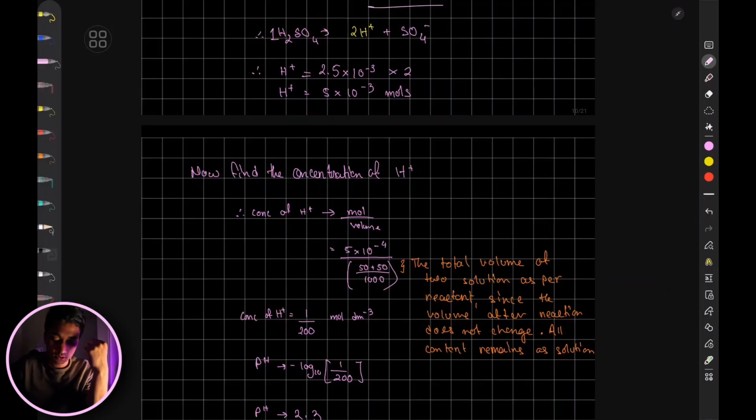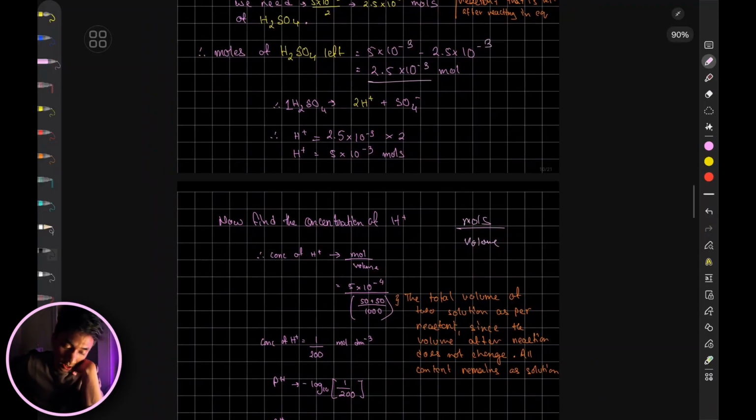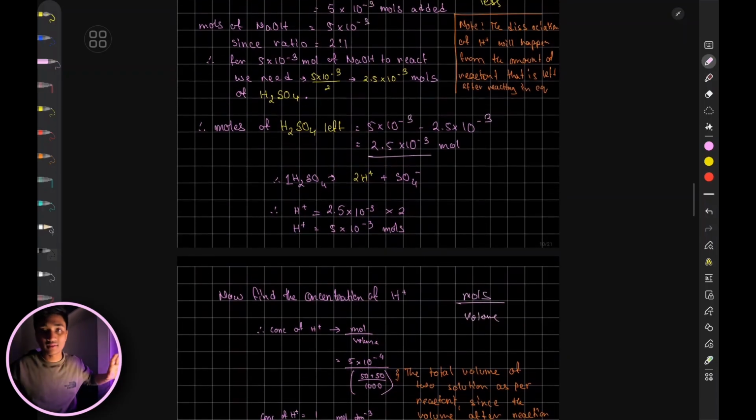The concentration of H plus will be moles of H plus divided by the volume in which it exists. So the total volume is the volume of the reactant left and the volume of your products, so that is basically your entire aqueous volume. You can directly find that from your initial reactant volumes, because nothing else added volume to the solution.